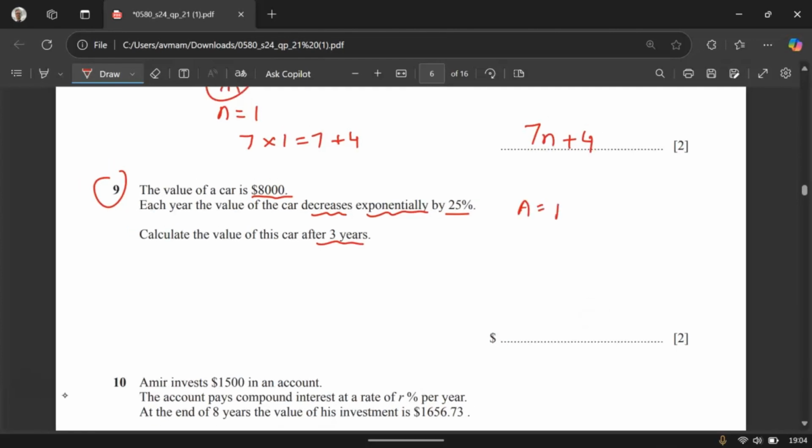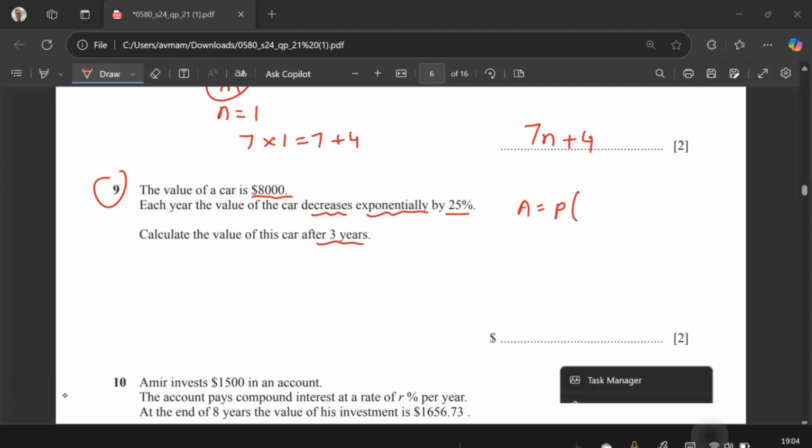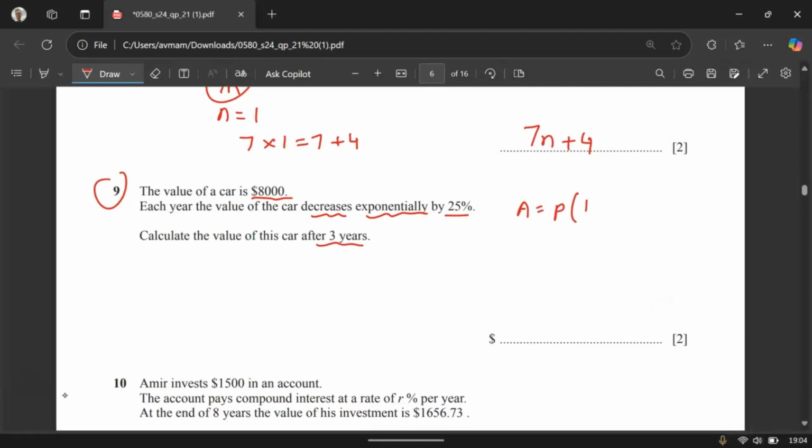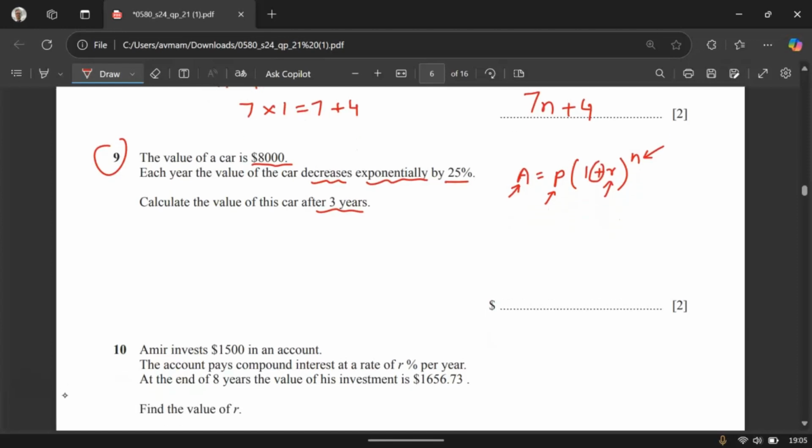A equal to P times 1 plus R to the power of n, where A is the final amount, P is the principal, R is the rate of interest, and n is the number of years. But be careful, we need to put minus instead of plus in this case, because we are not calculating the compound interest. We are calculating the value of the car that decreases exponentially by 25%.